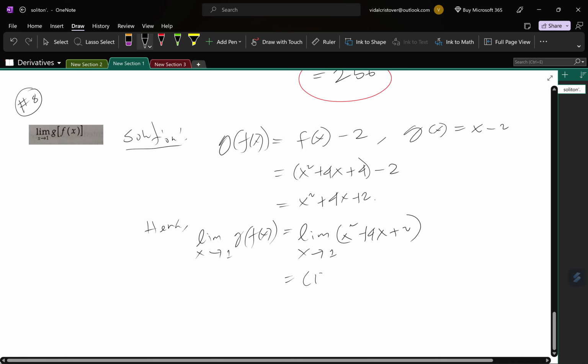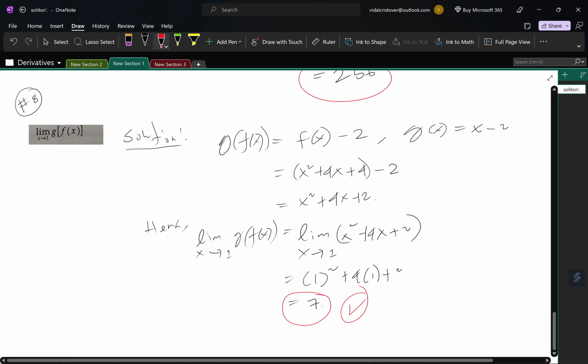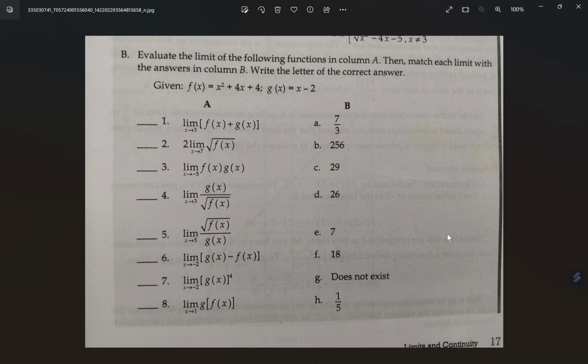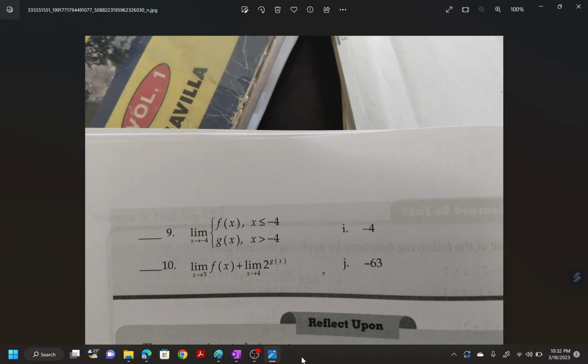So, 1 squared plus 4 times 1 plus 2, and this is equal to 7. As it turns out, it is easy. 7 is the solution, which is number 7 among the choices. So letter E, the number 7, is the solution.